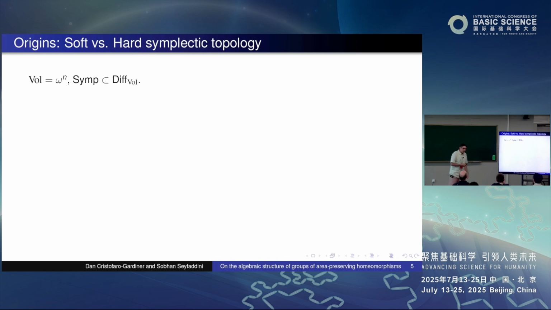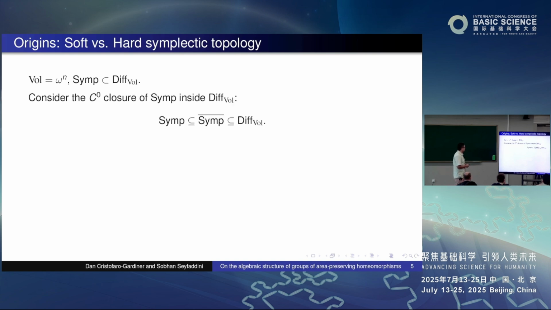To explain this, I will tell you a bit of a story that goes back to the 70s, to the origins of the field of symplectic geometry. Note that if you have a symplectic form, since it's non-degenerate, let's assume the manifold is 2n dimensional, once you raise it to the power n, you get a volume form on the manifold. And symplectomorphisms are volume-preserving diffeomorphisms; they form a subset in there.